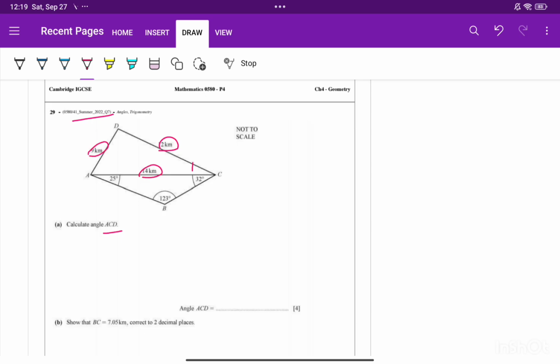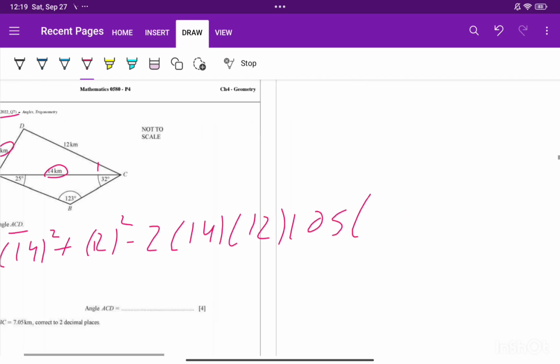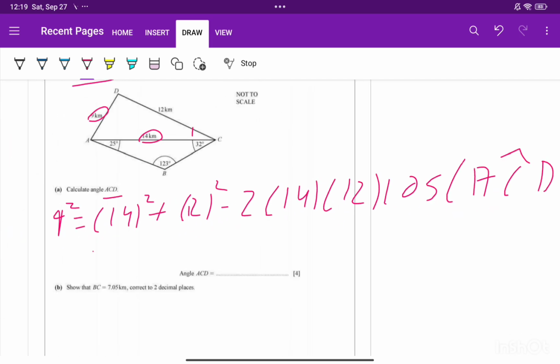The law of cosine says 9 squared equals 14 squared plus 12 squared minus 2 times 14 times 12 times cos ACD. So we will use this in the calculator directly. The answer will be 39.6.